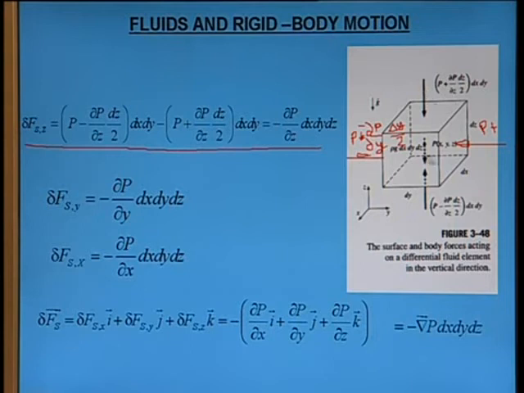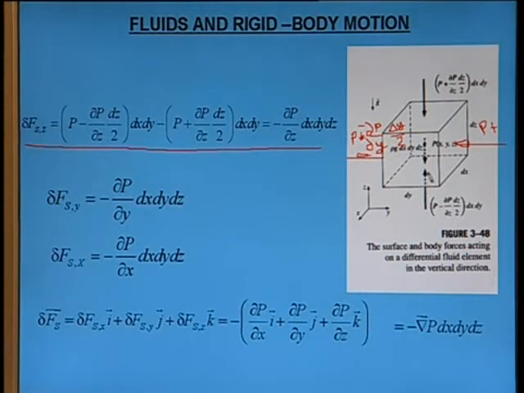So, here we have written the force in z direction. At the centroid we have P. At this point we are moving in a positive z direction. So, P plus del P over del z into dz over 2 multiplied by the corresponding area of this face. Now, we know why we have this arrow acting in this direction, and on the bottom face we have the arrow acting in this direction.